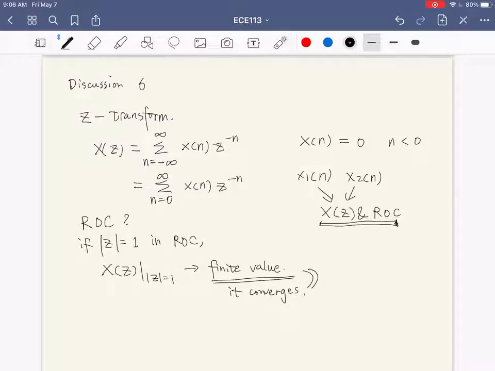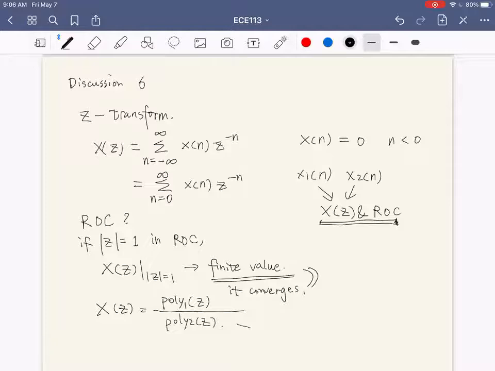All right, and we know that X(z), if it is rational, we can always write it as a ratio of numerator and denominator, right? So we will have two polynomials of z, poly 1 and poly 2. Okay, and from polynomial 2, we can get the poles. And poles are the points that make poly 2 equal to 0, right?